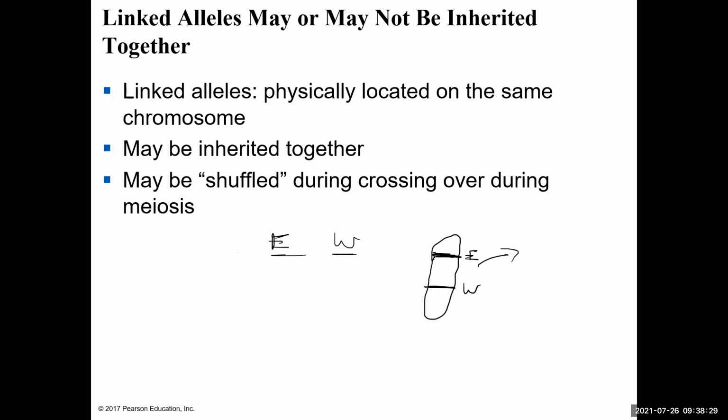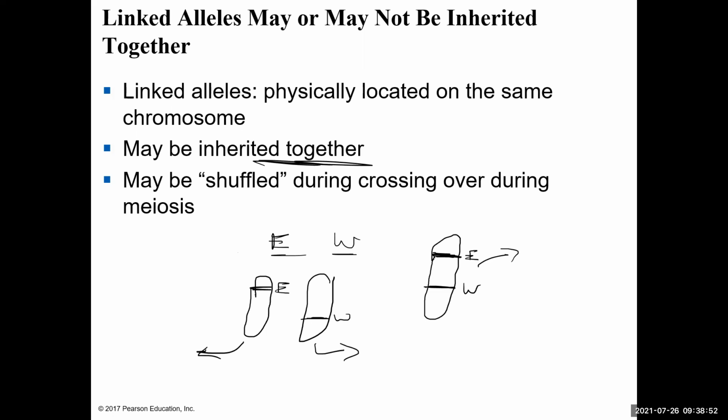When they're not linked is when they're on different chromosomes. So for example, you have your E, and then you have, let's say, your W. These are bad representations of chromosomes. So this chromosome can go one way, and then this chromosome can go the other way. But when they're on the same chromosome, they travel together and they're linked, and so they can be inherited together.